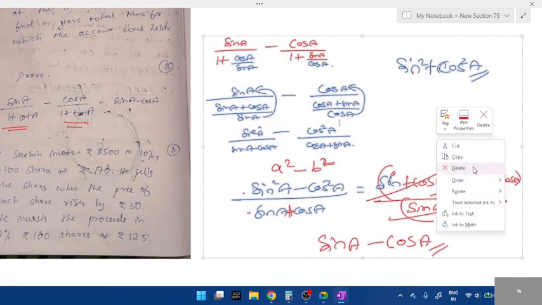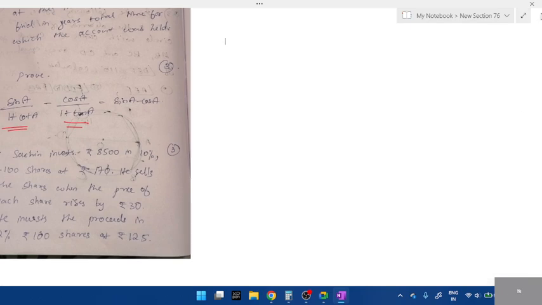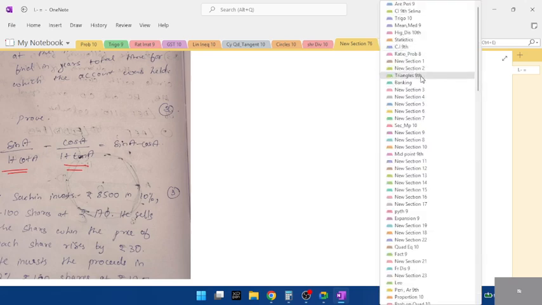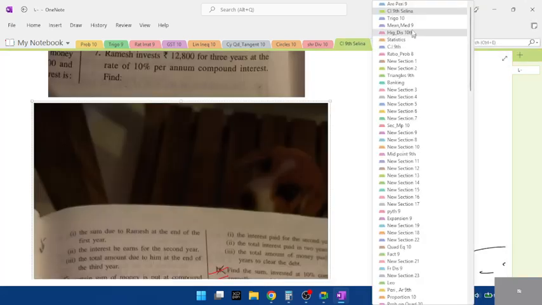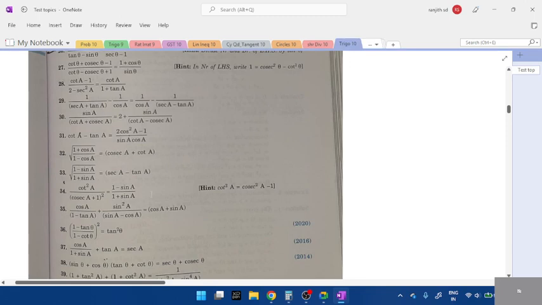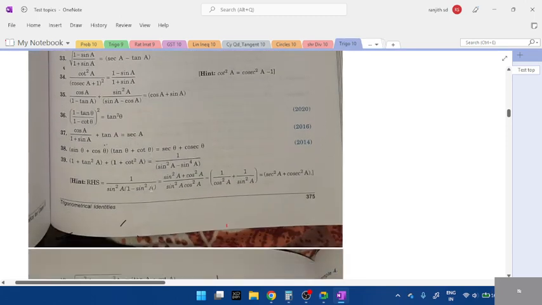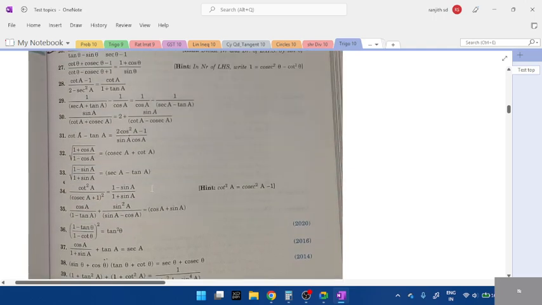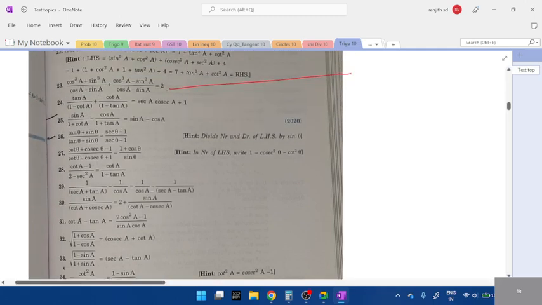Okay, so I think mostly they'll give the square students. Wait, let me give you all one question. See, this is the question I give 2020.